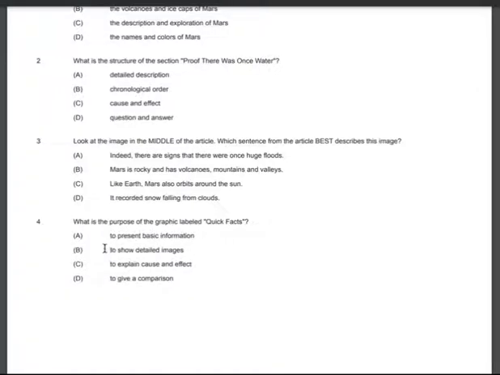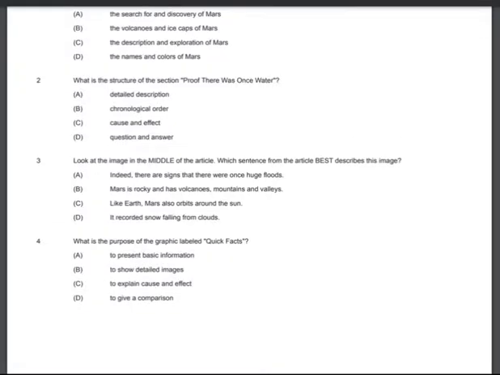Are they presenting basic information? Are they showing detailed images? There are no images. This one cannot be an answer. Are they explaining cause and effect? Do you see cause and effect there? Or are they giving a comparison? If they give a comparison, Mars and another planet would be compared. Which of those do you think is the answer? There you go.